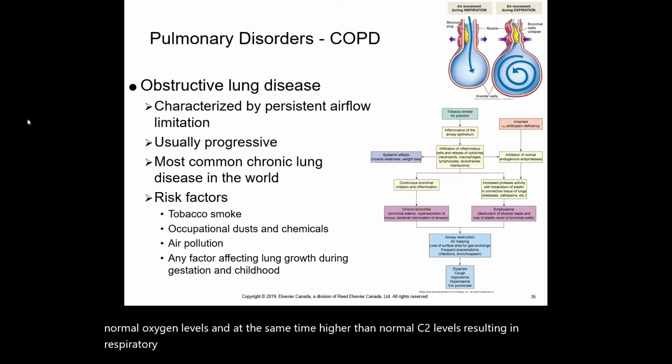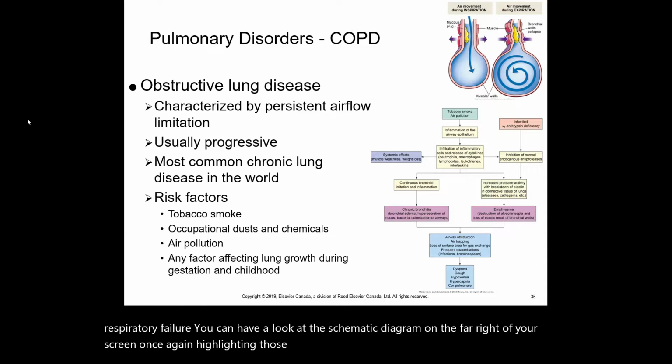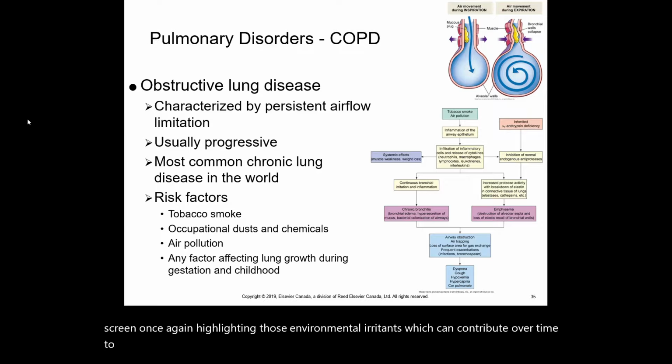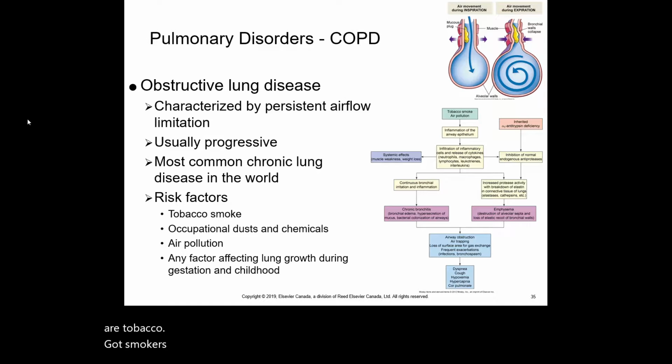You can have a look at the schematic diagram on the far right of your screen, once again highlighting those environmental irritants which can contribute over time to the progression of this disease. So COPD would be common among those individuals who are tobacco smokers. It can also present in environments where air pollution is a significant ongoing concern as well.